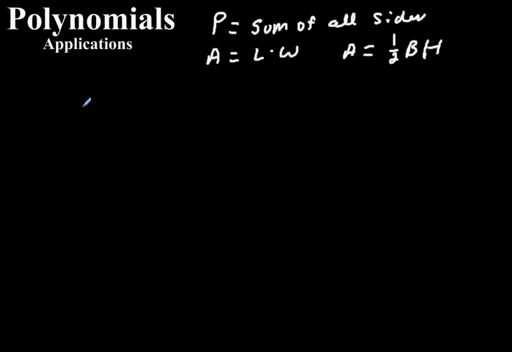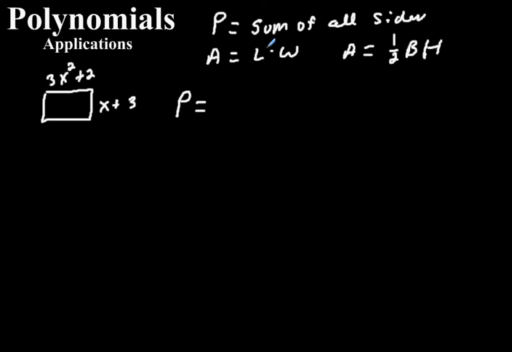Now with that in mind, let's draw a rectangle. Let's make the assumption that the length here and here are the same: 3x squared plus 2. And let's say that this side and this side are equal, and let's make this x plus 3. Well, what would the perimeter be?